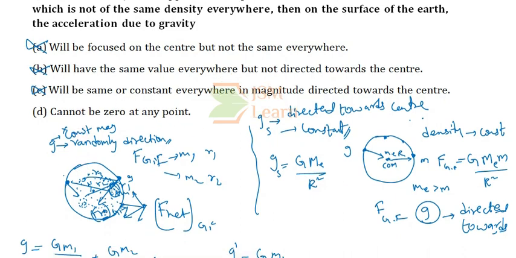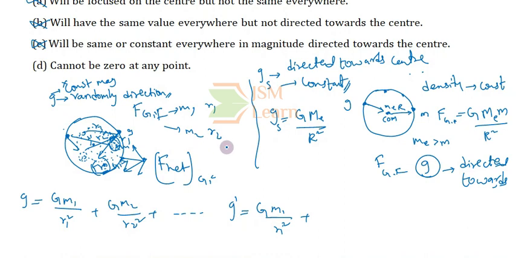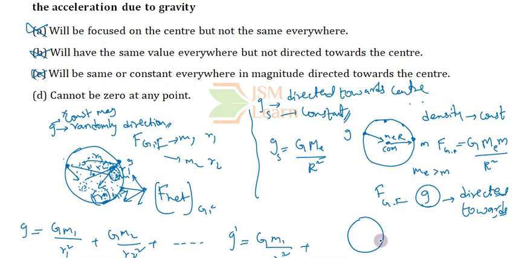Yes, it is true, because if I find the net gravitational force on any point lying on the surface of the earth, then whatever the mass distribution may be, the resultant gravitational force will not be equal to zero.